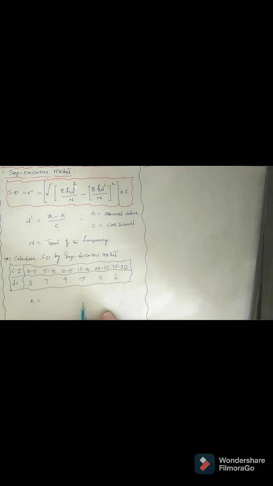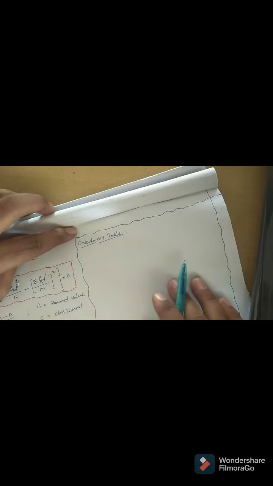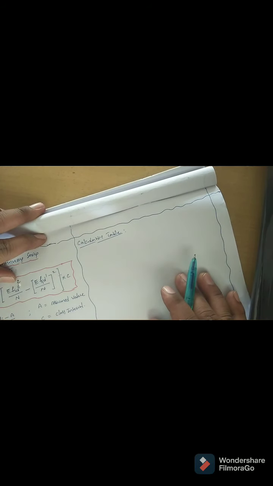How much do you consider here for A? Before that, we calculate the mid values so that we can understand the reason behind that. So let us open the calculation table now.